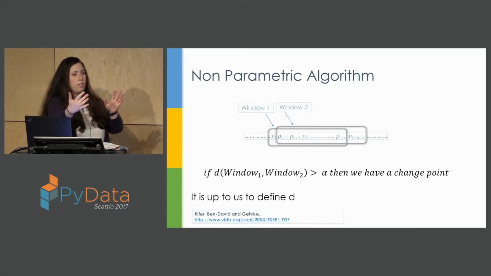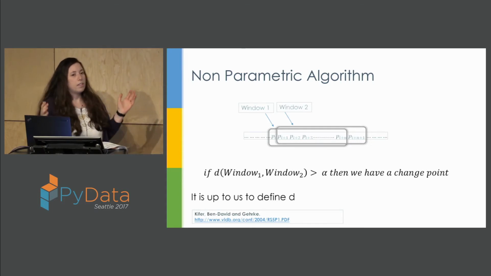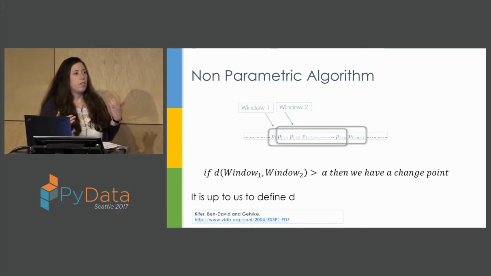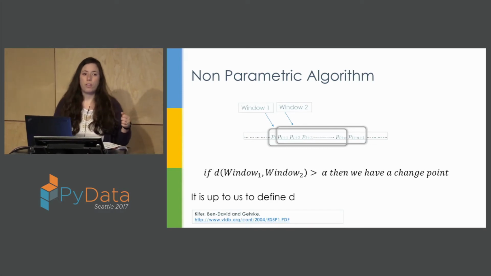Window one contains the most recent n, and the second window contains the n before that. We find a distance function, and it's up to us, the user, to define the distance function based on what suits us. That's where the non-parametric part comes in. If this distance is greater than an alpha, then we say that there was a change point in the data.